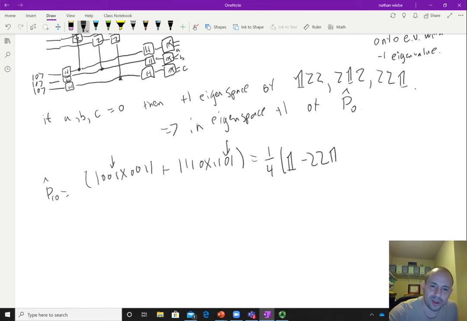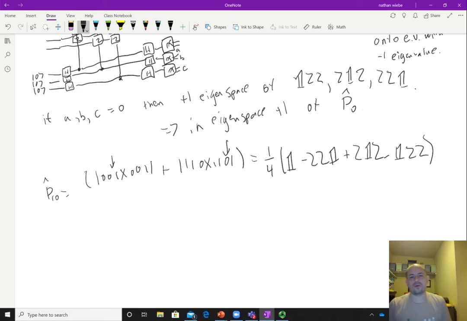We end up getting minus Z, Z, I, plus Z, I, Z, minus I, Z, Z. So in this case we project onto this particular space when we're in the -1 eigenspace of these two operators, but the +1 eigenspace of that. So that is basically what we end up doing.